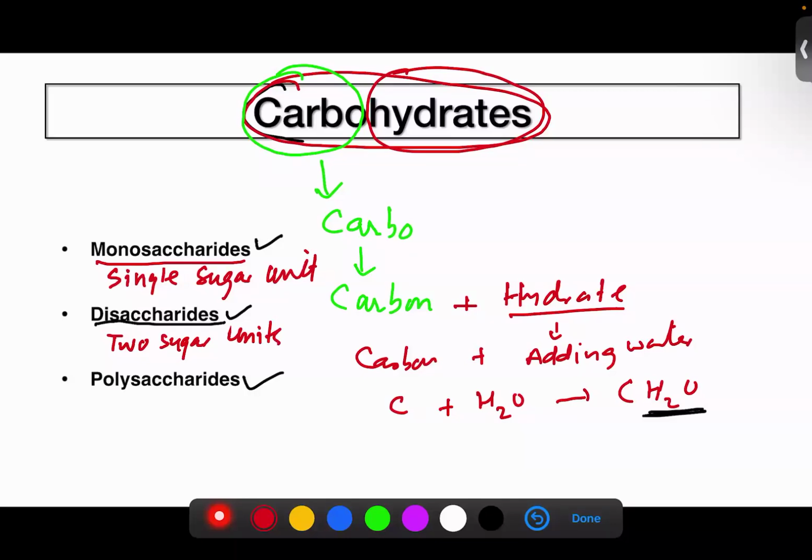And polysaccharides consist of many sugar units, and they are water insoluble. Whereas monosaccharides and disaccharides are water soluble, and these are known as simple sugars.